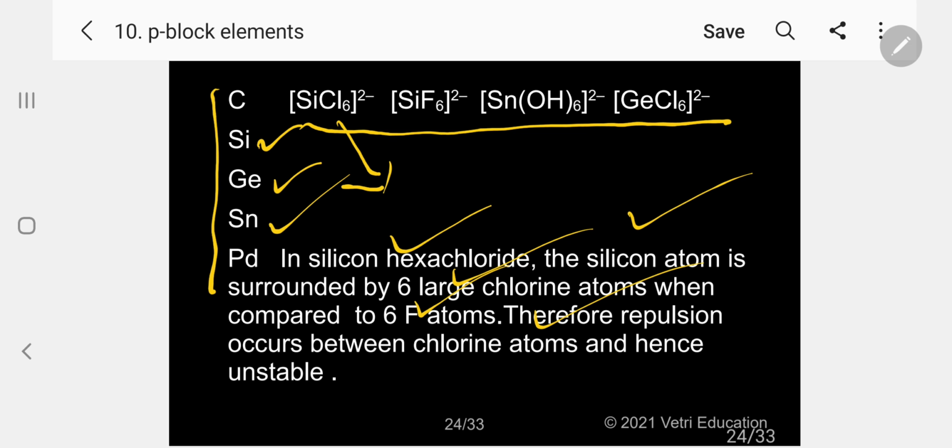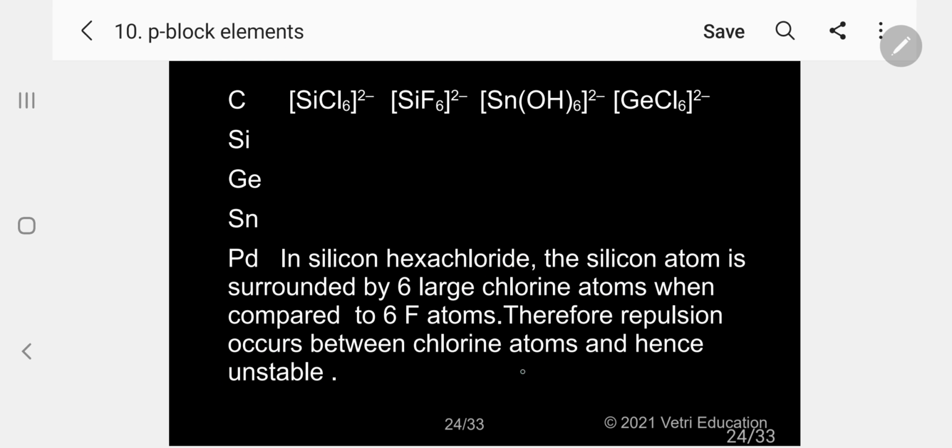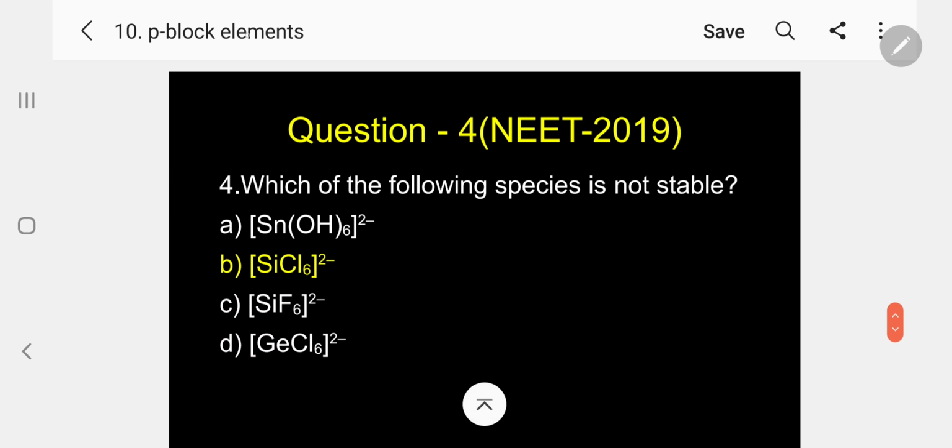Therefore, a repulsion occurs between the chlorine atoms and hence it is unstable compared to all other compounds. So this is highly unstable. The correct answer is B. SiCl6 with 2 minus is not stable, that is, unstable.